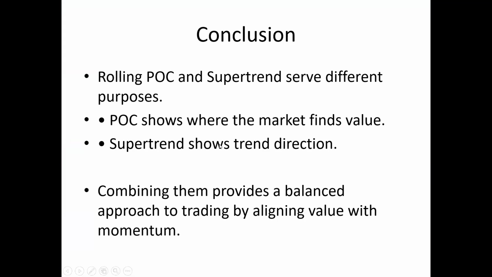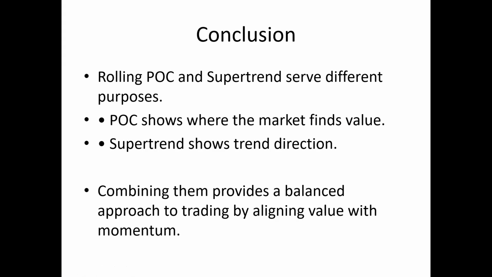POC shows where the market finds value. Supertrend shows trend direction. Combining them provides a balanced approach. You need a balanced approach to trading by aligning value with momentum.